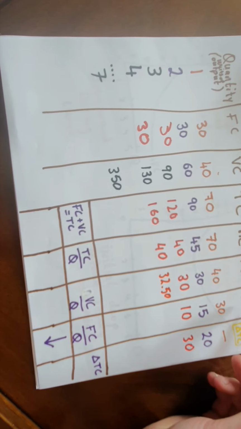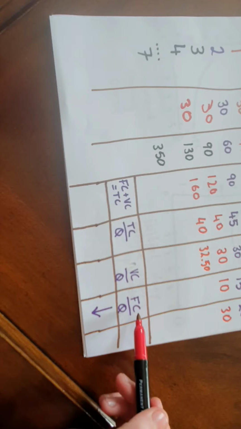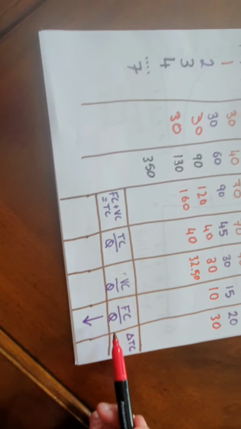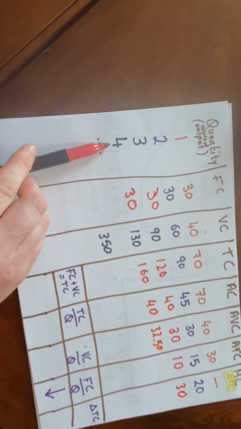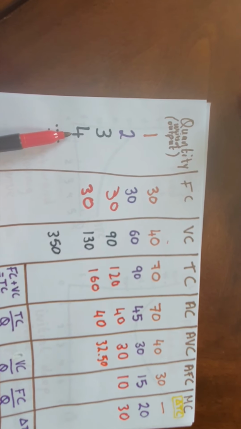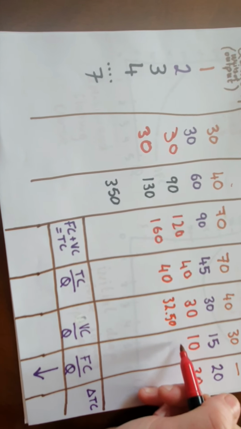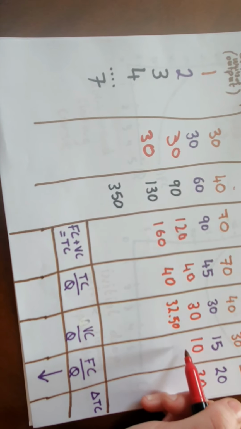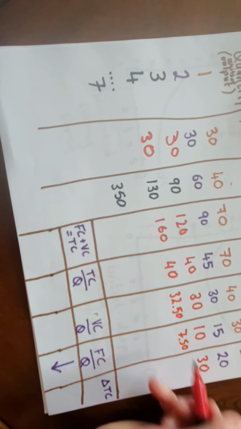Our average fixed cost then, we calculate that by getting our fixed costs and dividing by quantity. So our fixed costs are again 30. Our quantity is 4. So it's going to be 30 divided by 4. So we're going to get 7.50 for here then.